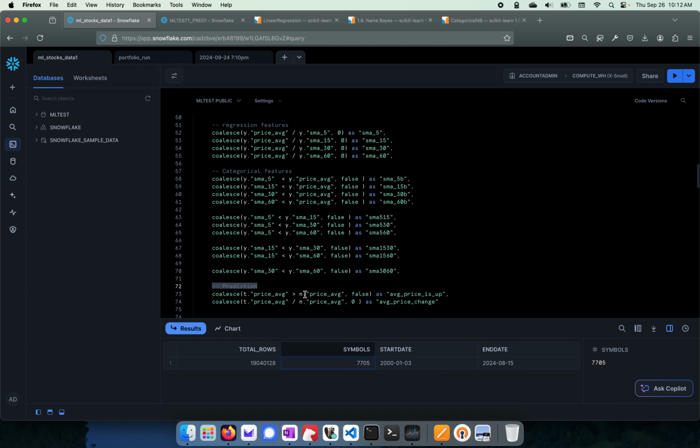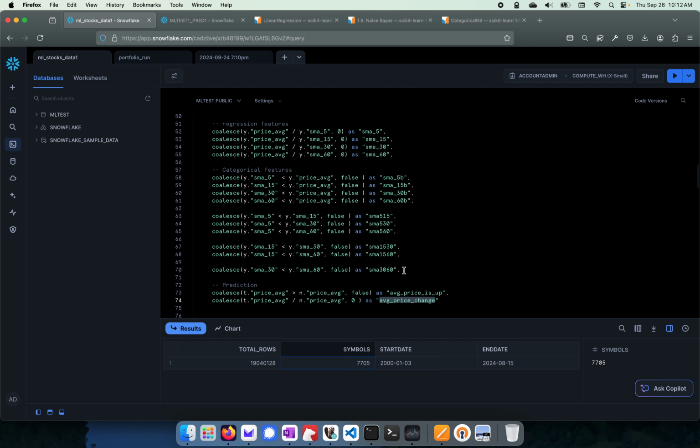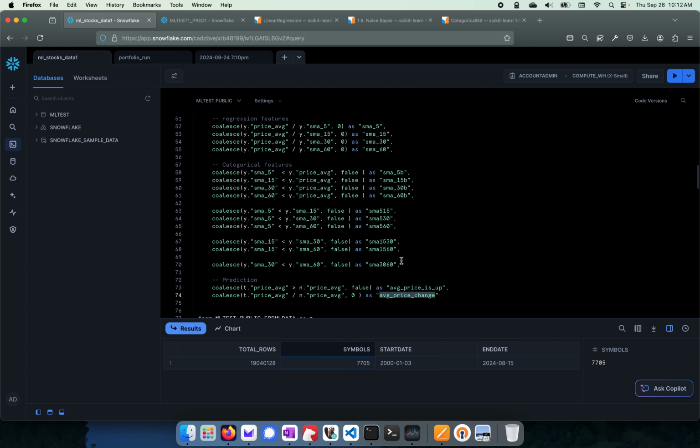The prediction will be: is tomorrow's price greater than today's price? And this would be a Boolean, true or false. Is the price up or down? And then the ratio between the two. If we take tomorrow's price divided by today's price, what is the price change on average? Greater than 1 will be positive, less than 1 will be negative.